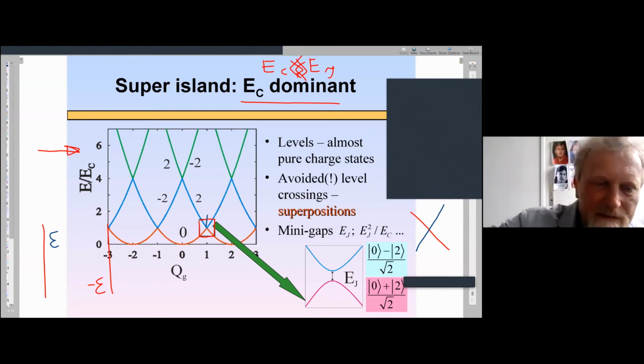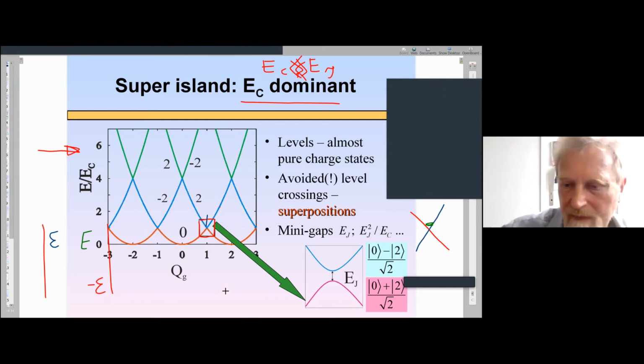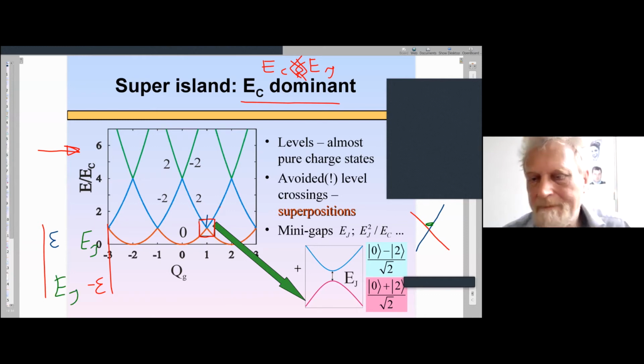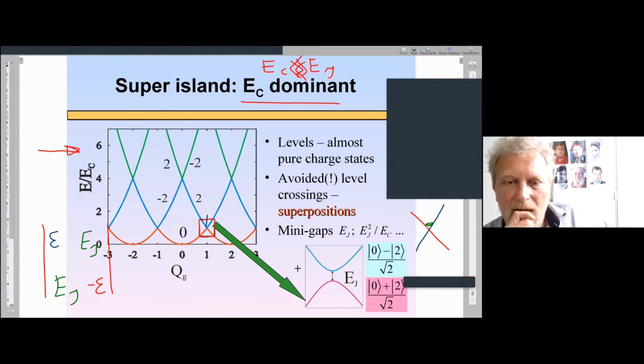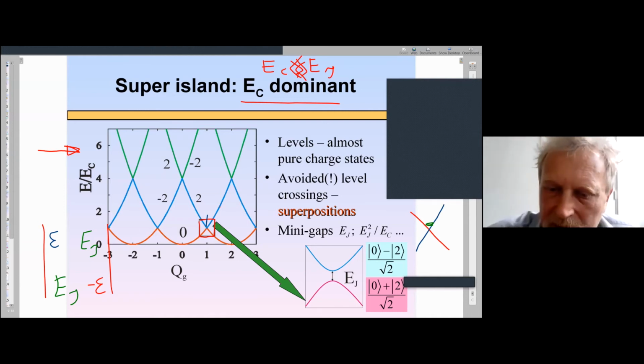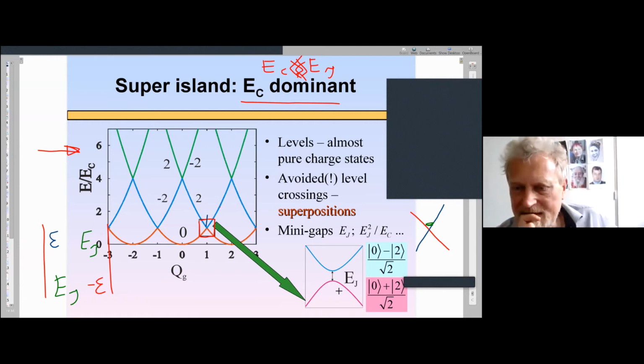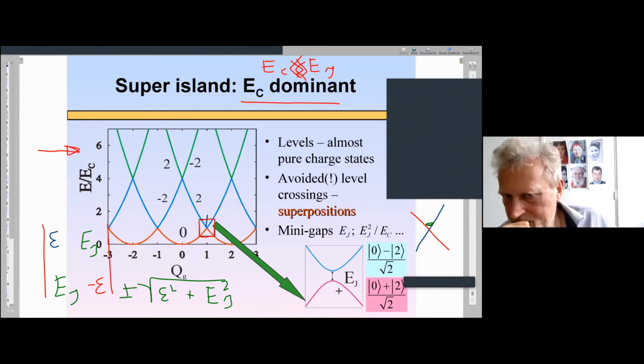What we get from this: the energy levels are plus minus a hyperbola. That's what I plot here. And right in the middle, the eigenstates are equal weight superpositions of two different charging states.